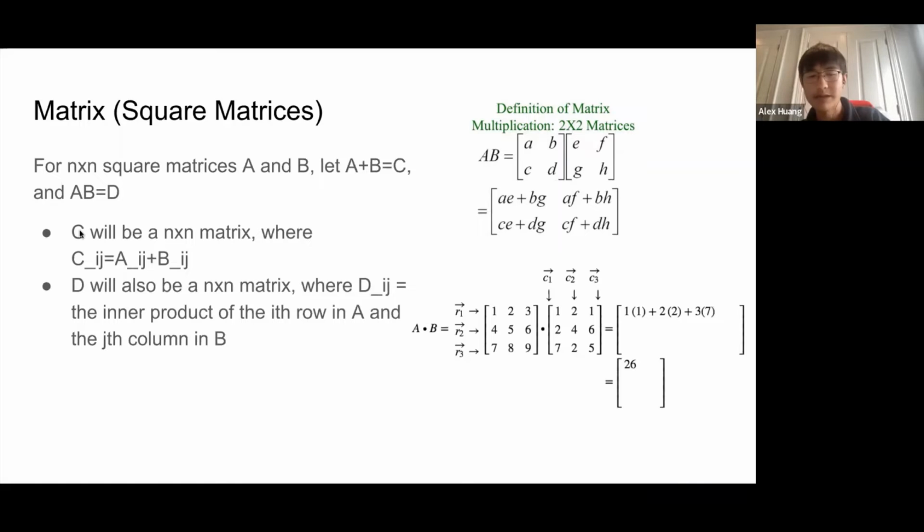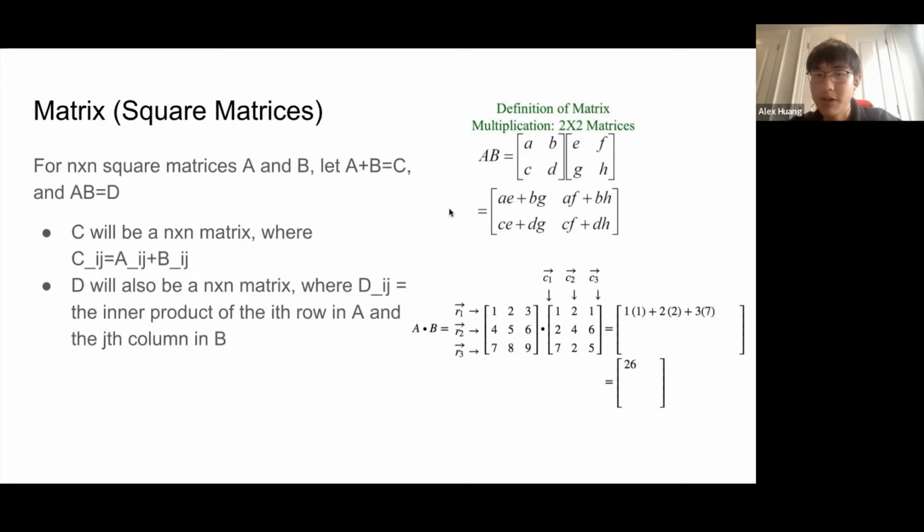Basically. So here, for example, because I don't have LaTeX in Google Slides, I just searched up some pictures online. For example, here A is a, b, c, d, and B is e, f, g, h. And if we do C equals A plus B, the first entry of C, the entry on the first row and first column, is simply a plus e.